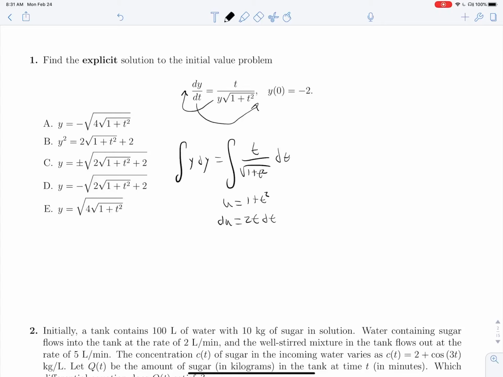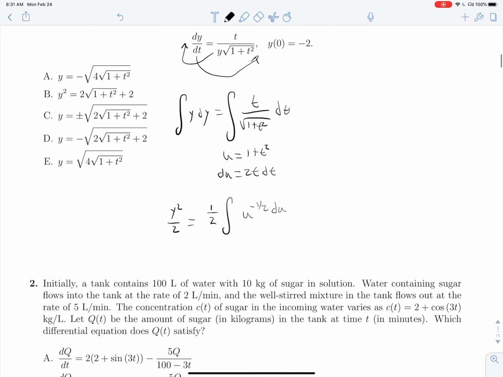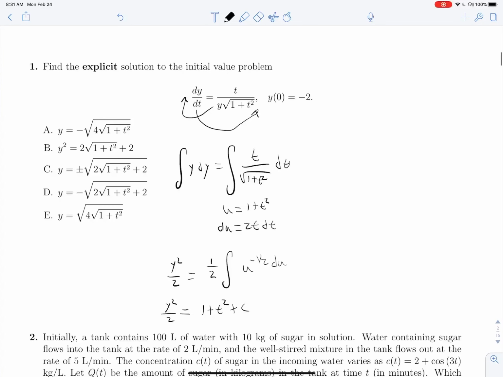So integrating on our left side, we're going to get y squared over 2 being equal to 1/2 integral of 1 over root u, which is u to the negative 1/2 du. This integral is going to give us y squared over 2 equals 1 plus t squared plus c.